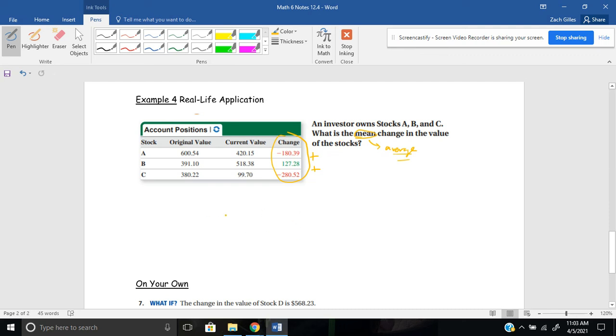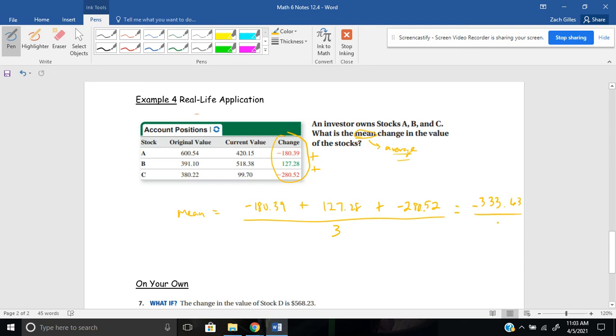So let's find the mean. Negative 180.39 plus 127.28 plus negative 280.52, and we need to divide that by 3. Okay. When you add those top numbers together, you should arrive at negative $333.63.